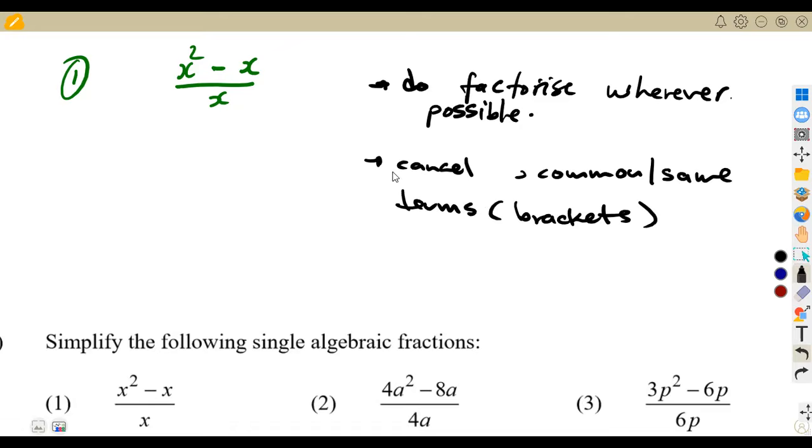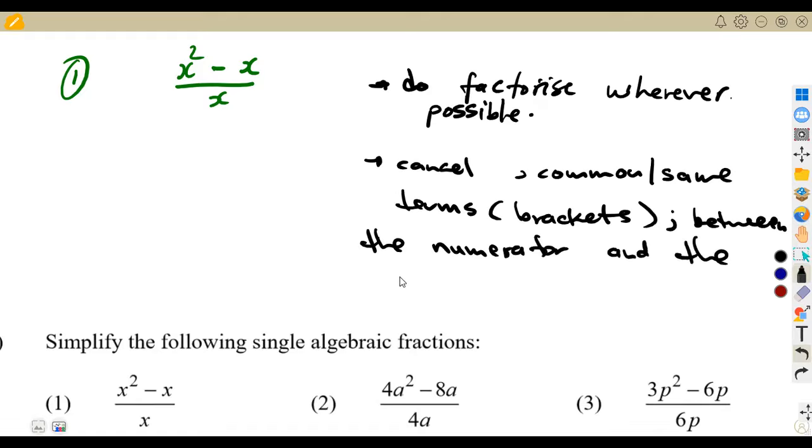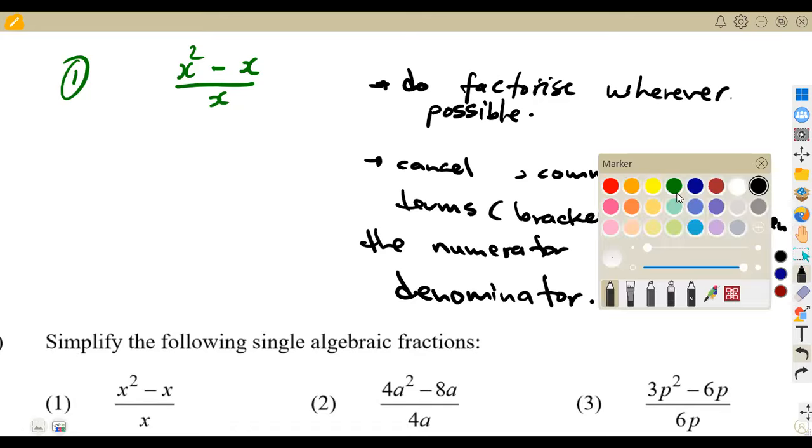You can cancel them as long as they are found between the numerator and the denominator. All right, so let us see this.